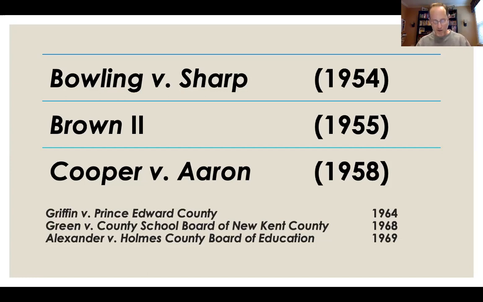And finally, in Alexander in 1969, the Warren Court ended with all deliberate speed and mandated that Mississippi begin immediately the process of desegregating its schools. Beyond the great work on desegregating schools, and by the way, by 1970, I think the number was up to nearly a third of kids attended integrated schools.